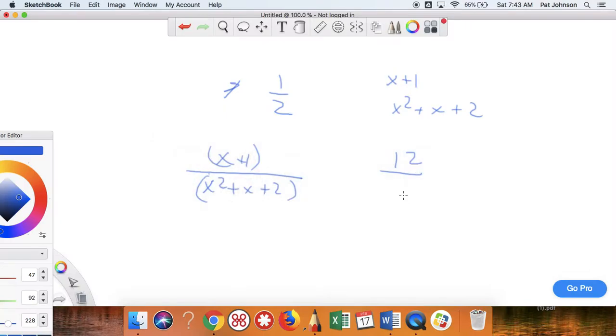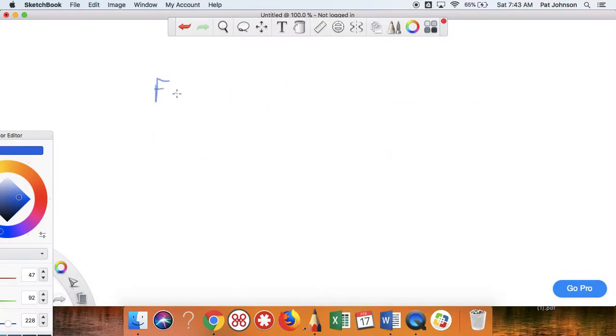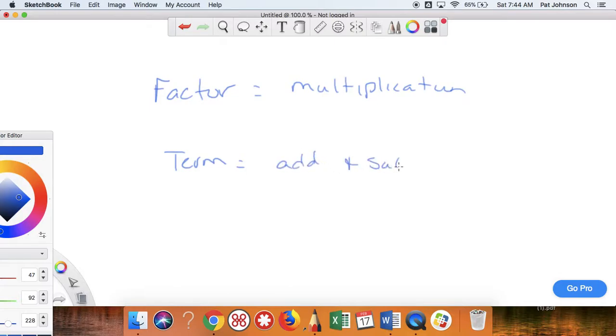Now, this is where it's important to know the difference between a factor and a term. Basically, in a factor, you've got multiplication going on. In a term, you have addition and subtraction going on.